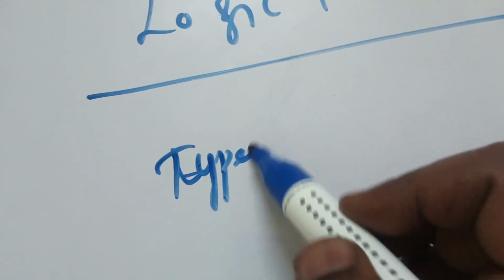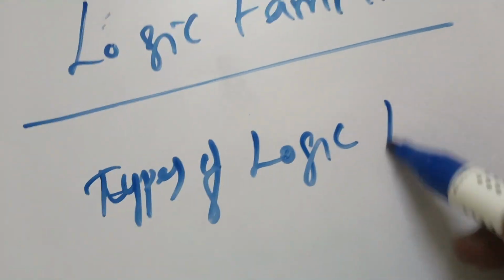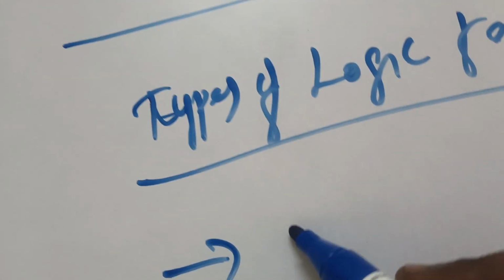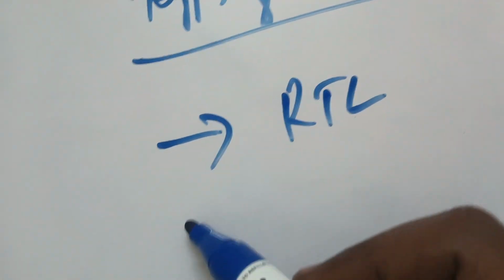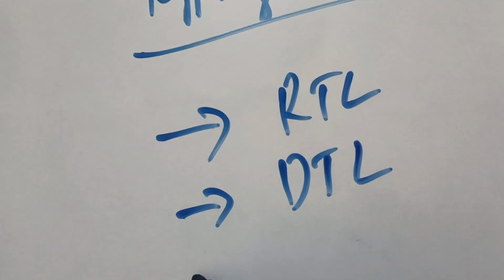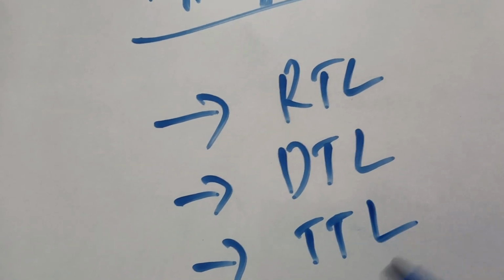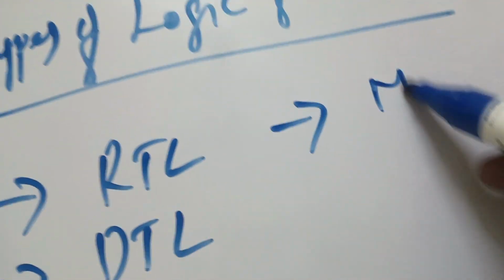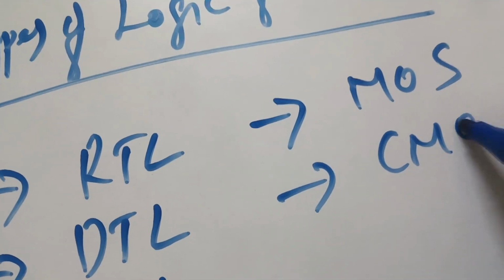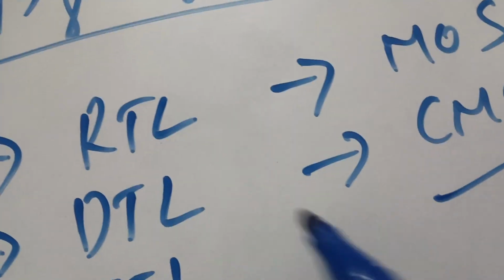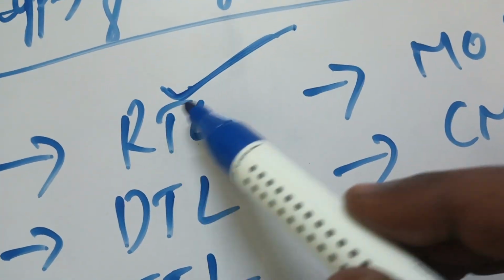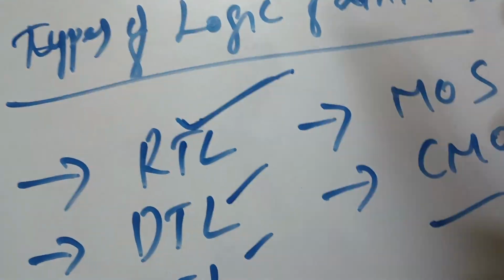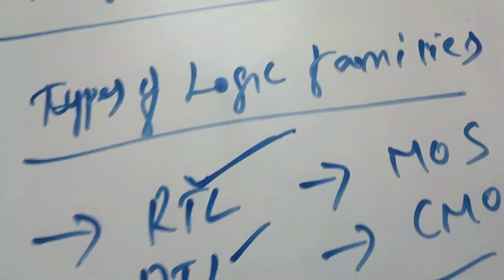Types of logic families are RTL, resistor transistor logic; DTL, diode transistor logic; TTL, transistor transistor logic; ECL, emitter coupled logic; MOS, metal oxide semiconductor; CMOS, complementary metal oxide semiconductor, etc. I explained these in the main videos. This unit is fully theoretical, so please understand the concept and write it.